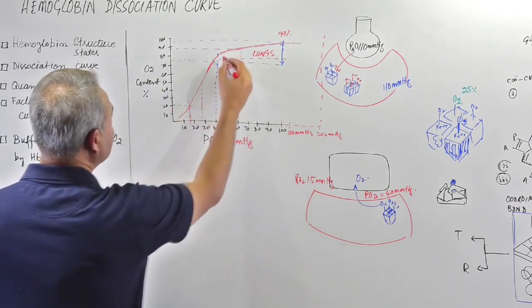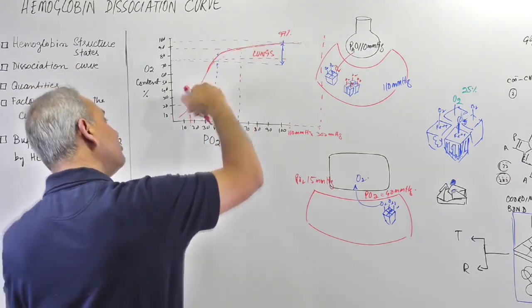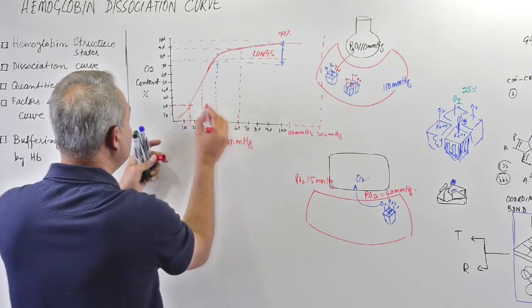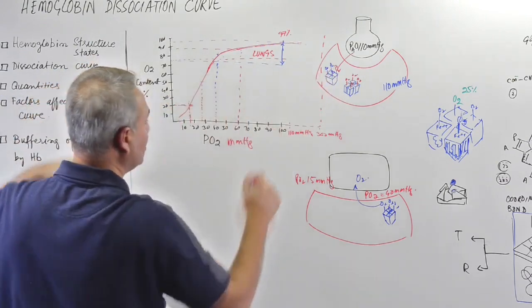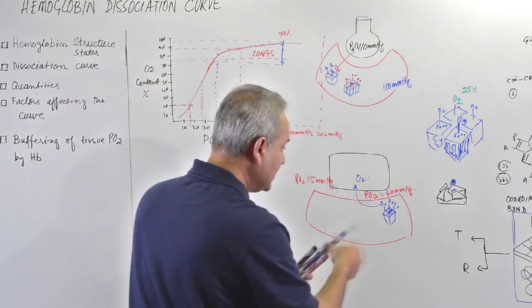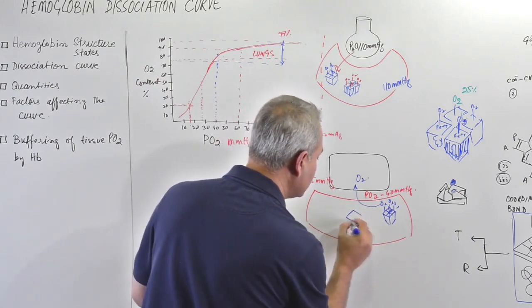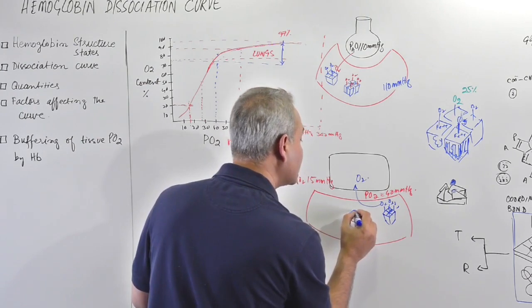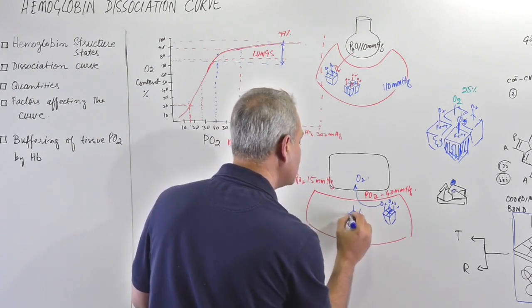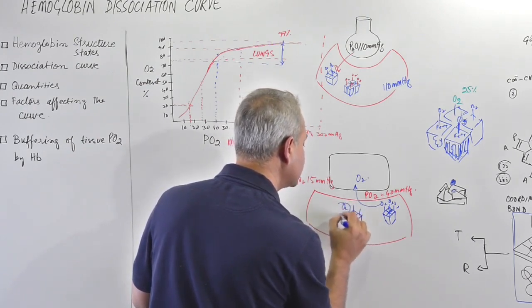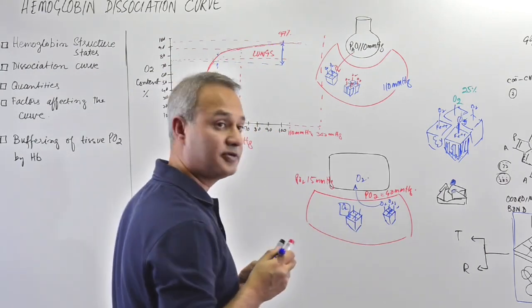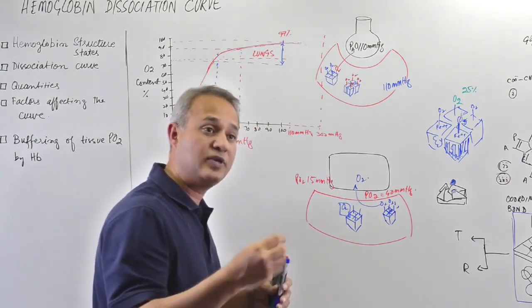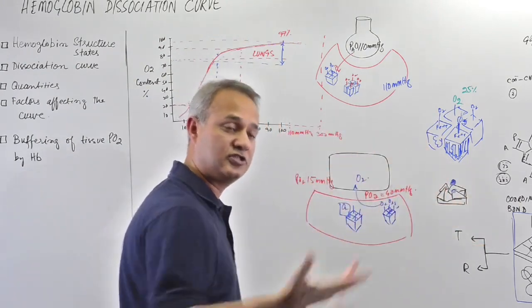How much percentage has become unloaded? As you come down, that means you're removing oxygen. Almost 75% is gone. What that means is that out of this one molecule, which had 4 molecules on it, 3 are removed. And just 1, remember I said 1 usually stays on, is left. So guys, as soon as you do exercise, hemoglobin gives 3 times more oxygen.